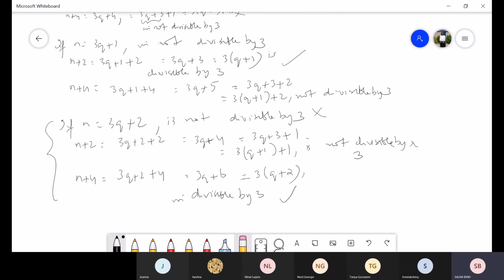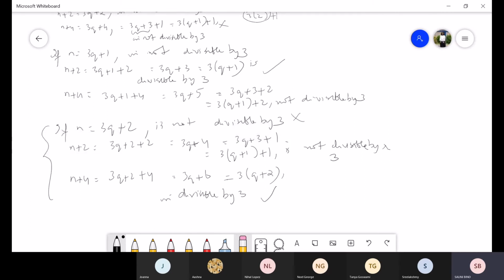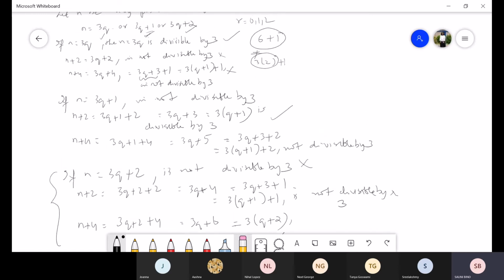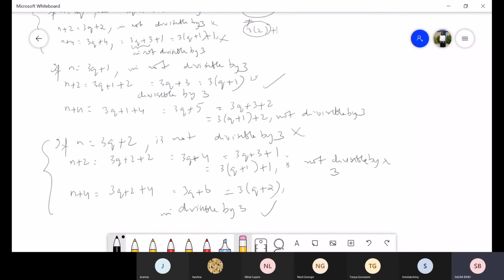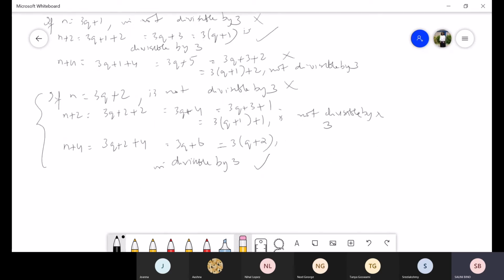Now read the question. Show that out of the numbers n, n plus 2, n plus 4, only one of them is divisible by 3. When I take each and every condition, in all the 3 conditions you can see that only one is divisible. When I took n equal to 3q plus 1, only one is divisible and the other 2 are not. In the next one, n equal to 3q plus 2, only one is divisible and the other 2 are not divisible.